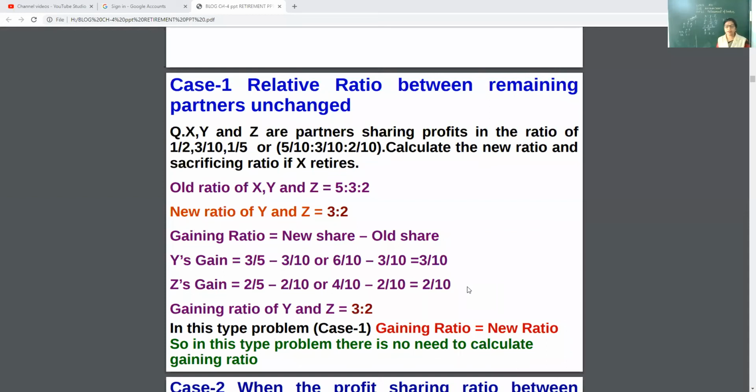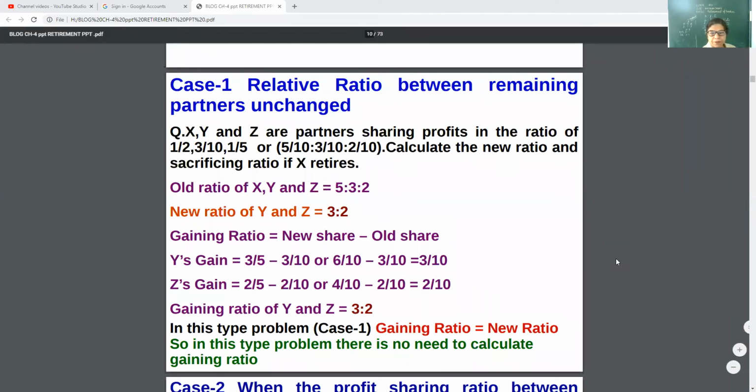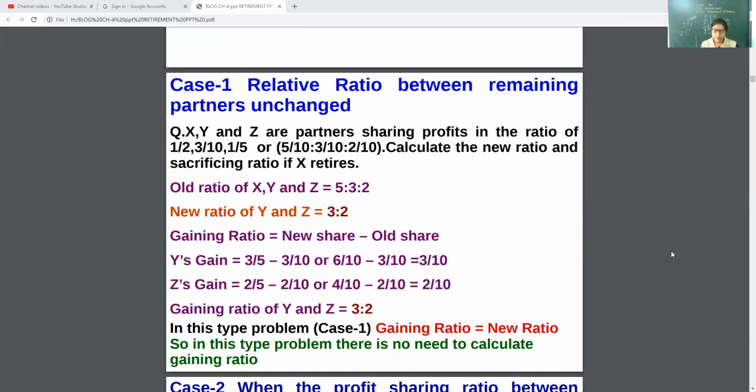Y and Z. What will be their ratio? 3:2. That is their LPR. Now, how can you prove that this will be the same as the gaining ratio?